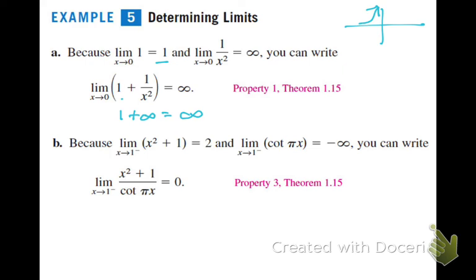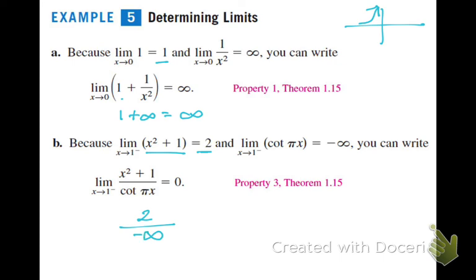Okay, the next one. The limit from the left of x squared plus 1 is 2. So that's going to be 2 divided by the limit as x approaches 1 from the left of the cotangent of pi x, which is negative infinity.